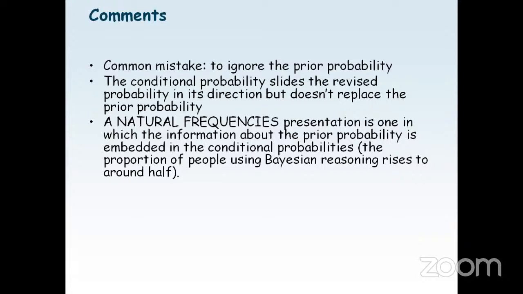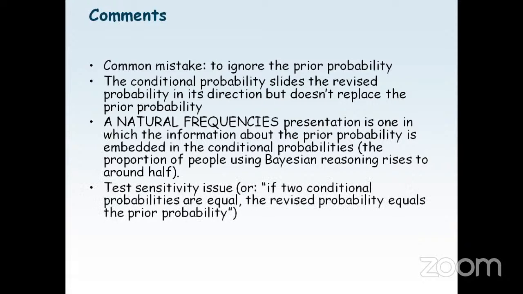The proportion of people using Bayesian reasoning rises to around half. Regarding the test sensitivity issue, if the two conditional probabilities are equal, the revised probability equals the prior probability.